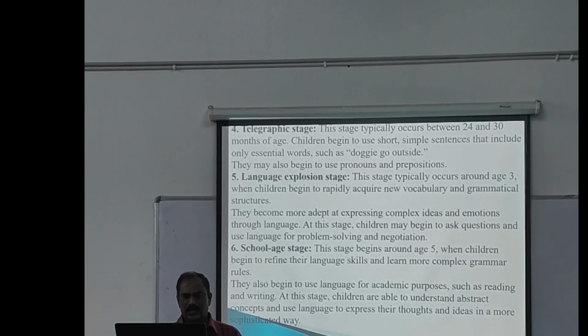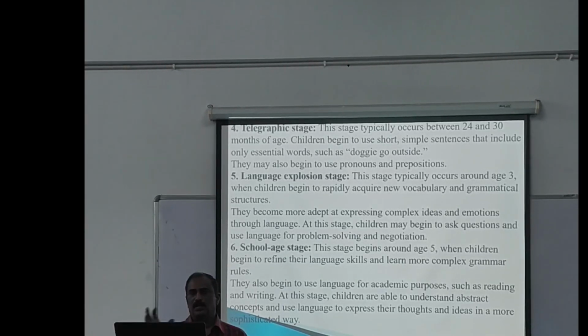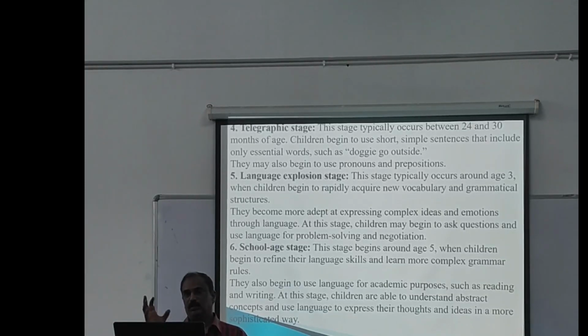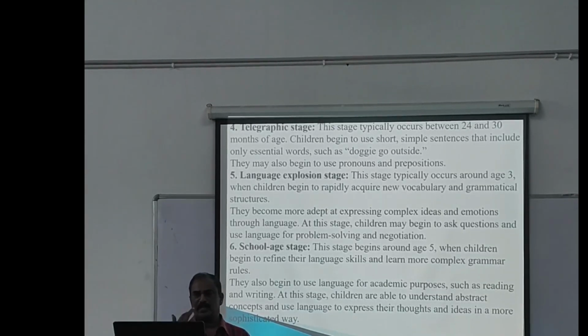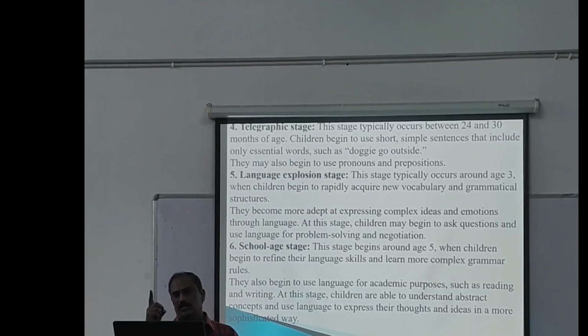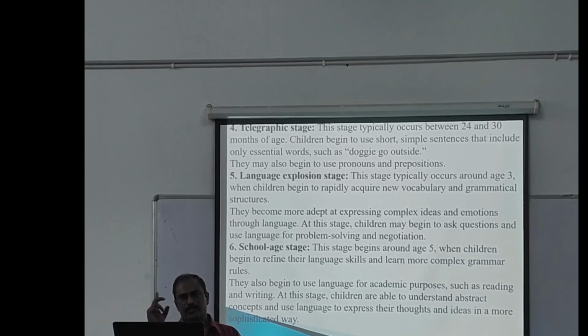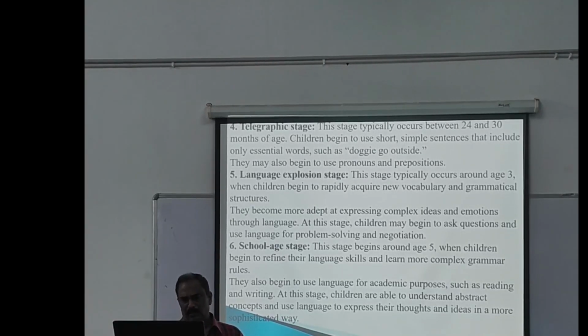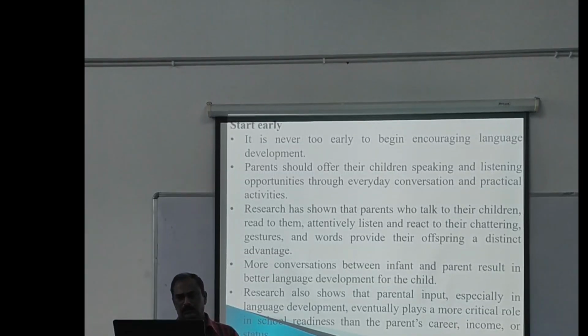Abstract concepts, it means in language only, not in other concepts. Okay? In language, they can understand abstract concepts. Abstract concepts are understood only after age 11, in the formal operational stage, according to Jean Piaget. But abstract concepts in language they can understand, though they cannot express them.